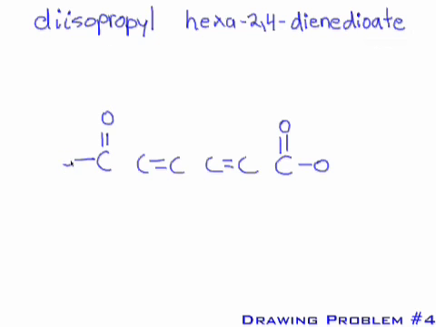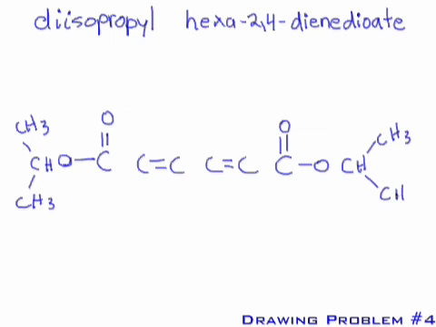It's a diisopropyl because there's 1 isopropyl off each end. So you can draw your isopropyl groups attached to your oxygens. So they're my isopropyls. Now I just need to put in the hydrogens.